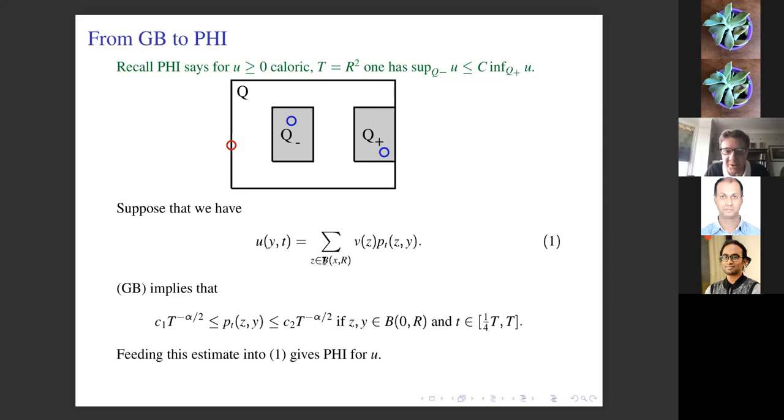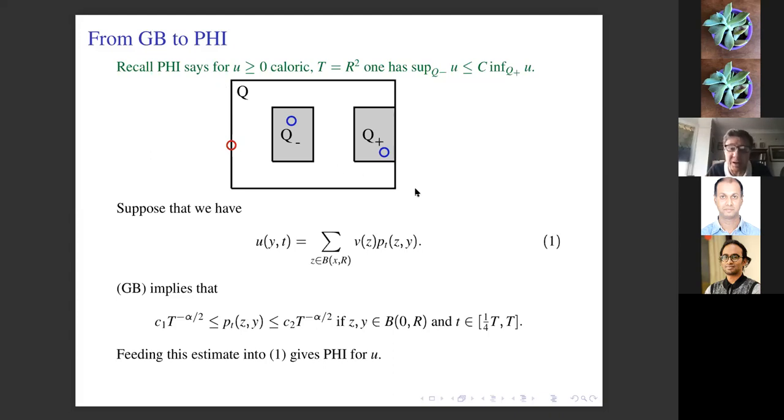And we can sum it up over z in B(x0,r), according to some measure v(z). Any such sum is going to give us a caloric function. So basically, the caloric function is obtained by taking the fundamental solution of the heat equation, p_t(z,y), weighting it and adding it up over points here. And this little red circle here is a typical point in the ball.